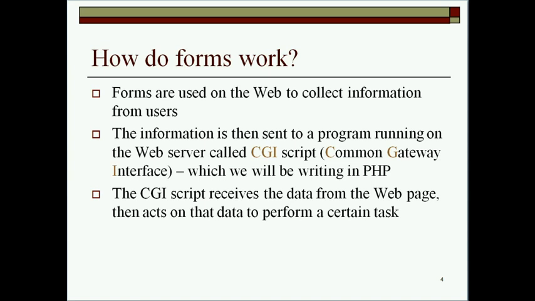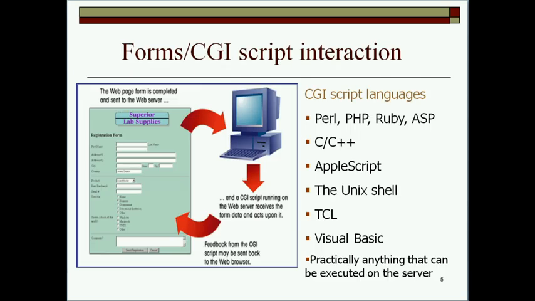The CGI stands for Common Gateway Interface, and it can be written in any language that will run on the server, such as PHP, Perl, Ruby, Node.js, and all sorts of scripting languages that will run on a server. The CGI script receives the data from the web page, then acts on that data to perform a certain task. So here's how this happens graphically.